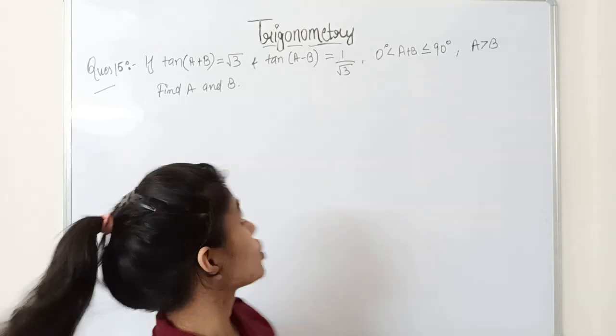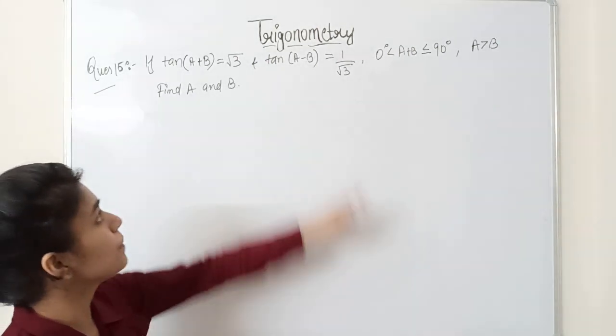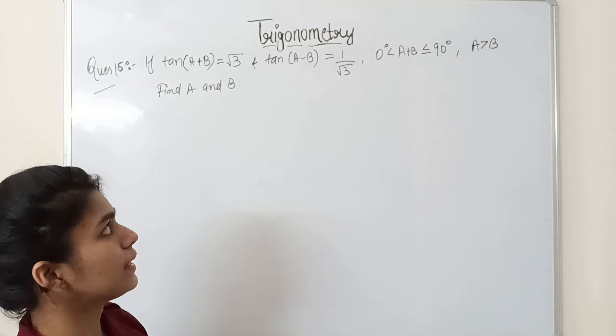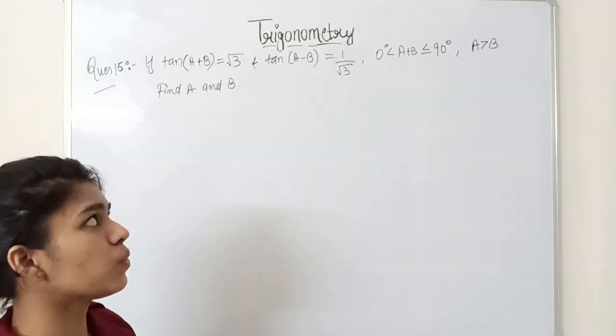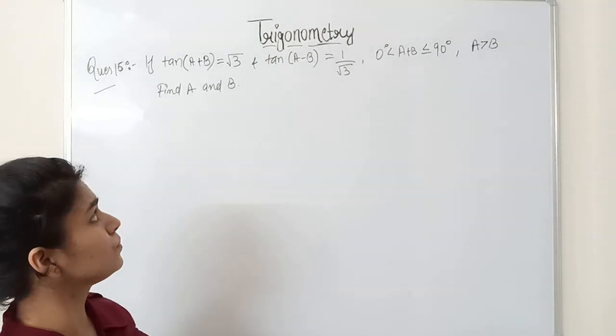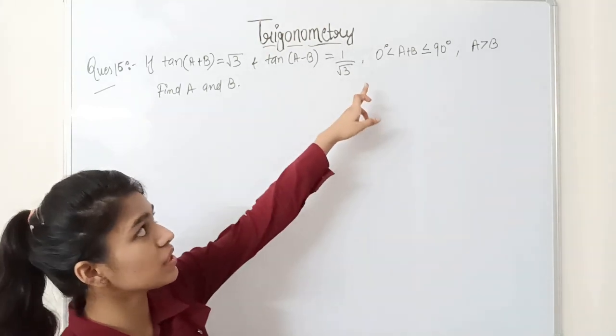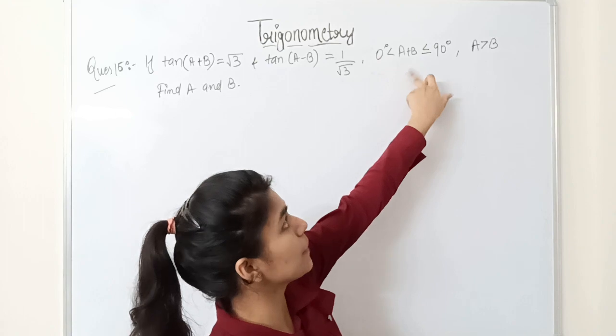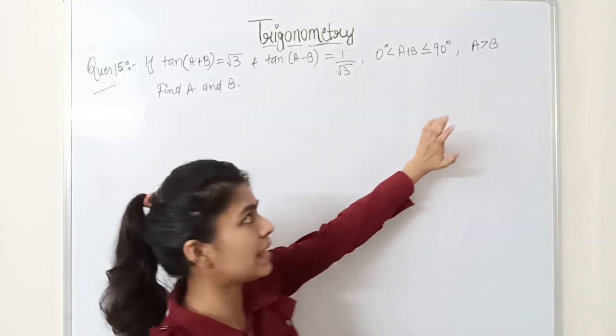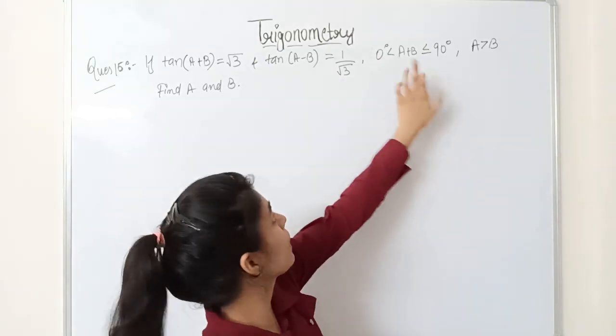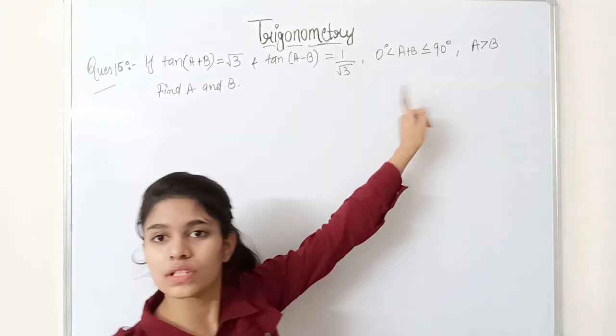Now our next question is, if tan (a plus b) is equal to root 3 and tan (a minus b) is equal to 1 upon root 3, which is given, where 0 degree is less than a plus b, less than or equal to 90 degree. This is the condition. In this case, a is always greater than b.